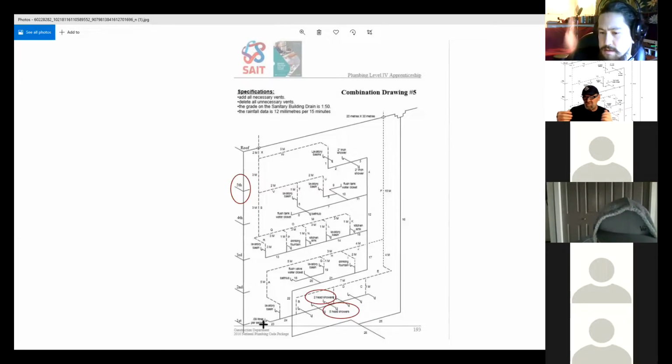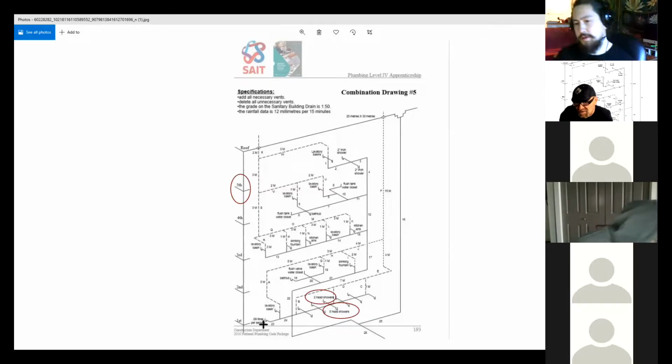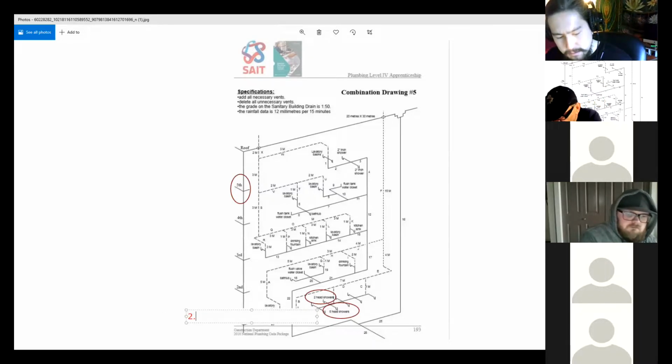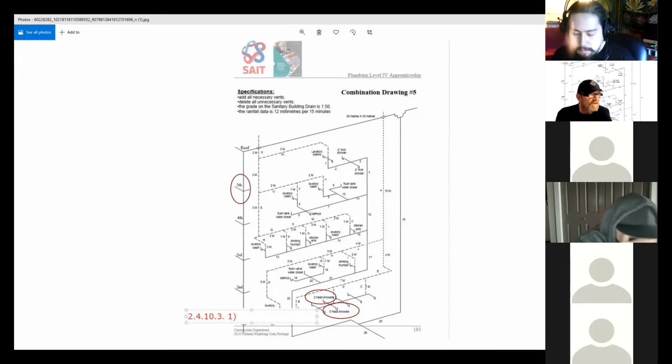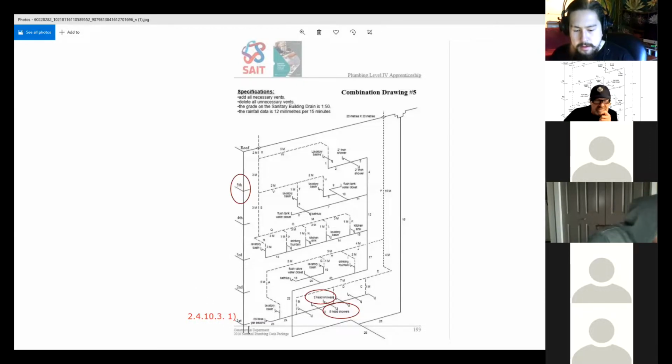So we look at 2410.3, right? And remember that number that we multiply by liters per second to get a fixture unit load? 2410.3 subsection 1 would be how you find the answer to this one. Subsection 1 tells you what? 31.7.